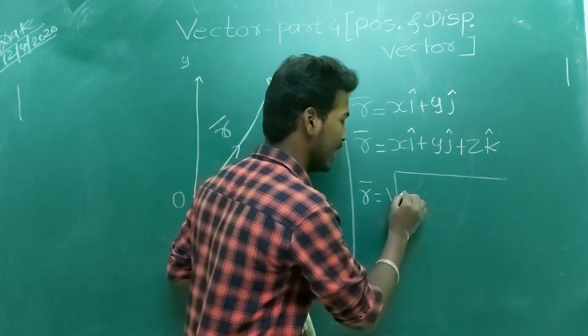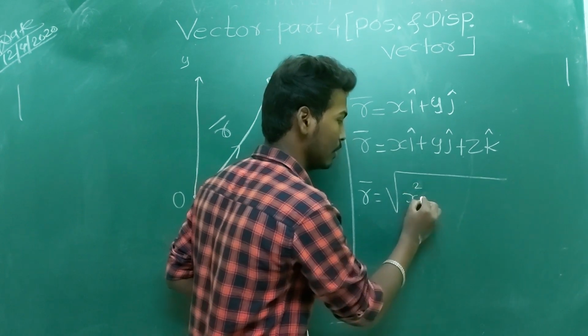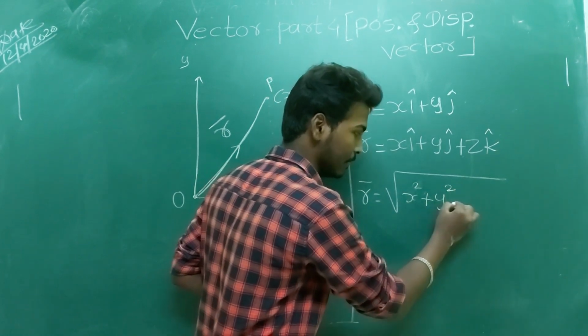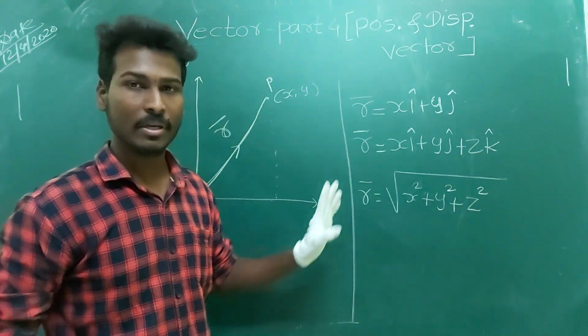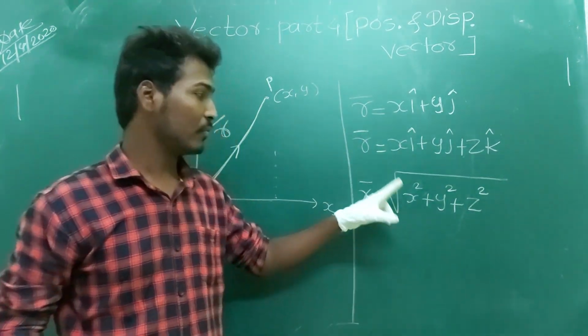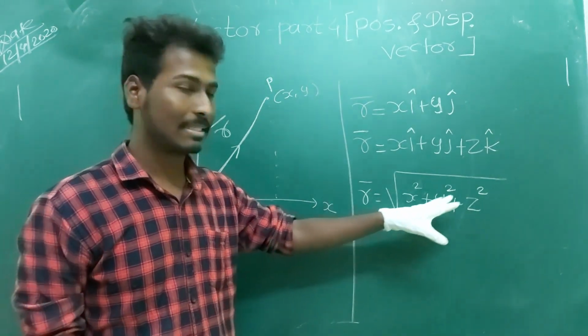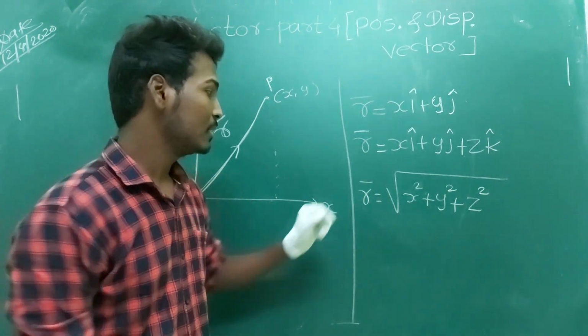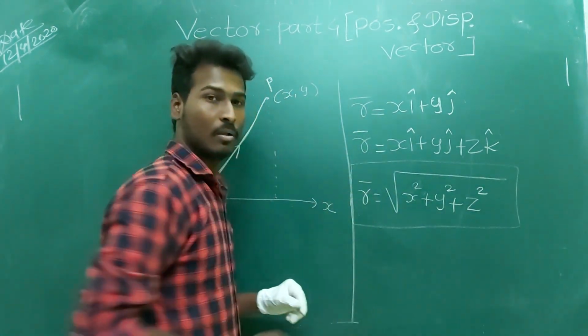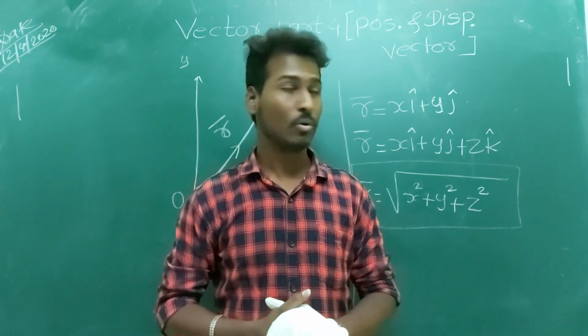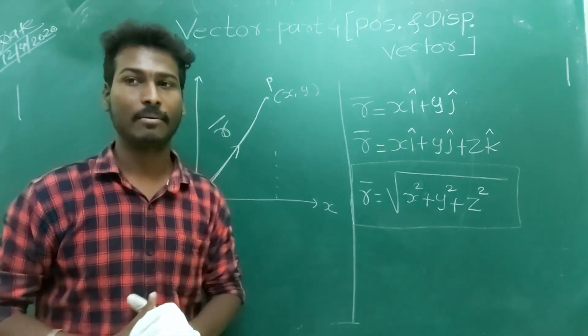Okay, so x square plus y square plus z square. For a 3-dimensional plane, you just have to square the components of the x axis, y axis and z axis. That's it. This is the position vector's magnitude. Okay, did you get it? So note down all these points.